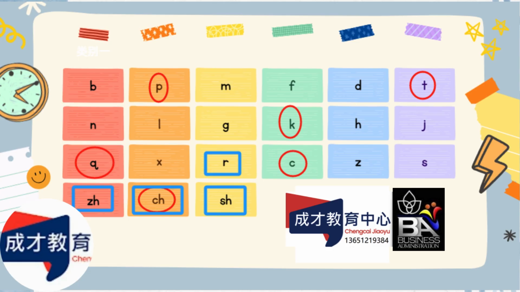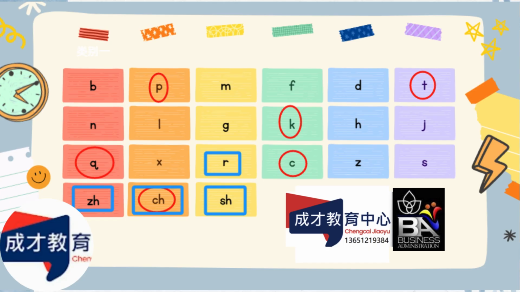And with the blue rectangle, you have to pull your tongue a bit further into the back of your mouth. So if you find there's a circle and a rectangle, you have to make sure that first there's air coming out from your mouth, and then you pull your tongue a bit further into the back of your mouth.